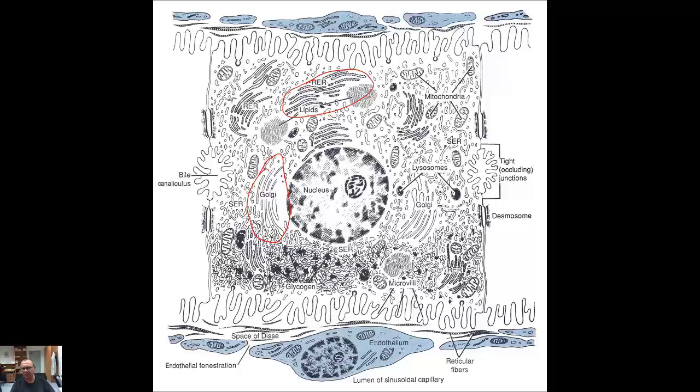Here is the basal surface, which is situated in the site where the cell is connecting the sinusoidal capillary, sinusoid, and proteins are secreted by vesicles in this direction. They go through endothelial fenestrations or through intercellular spaces in the endothelium, which are quite free, into the lumen of sinusoidal capillary, so into blood.